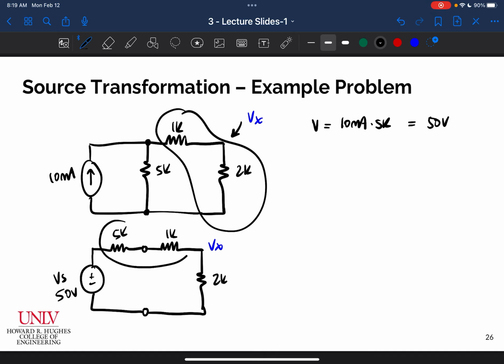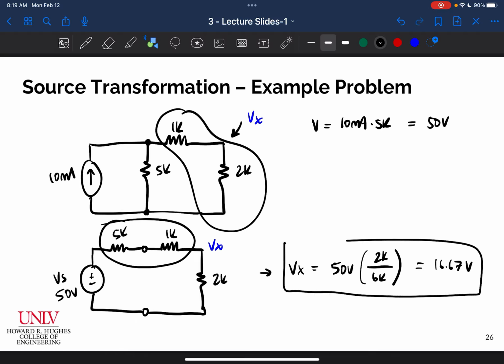Well, these two are just in series, so I can very easily treat this as a voltage divider where Vx is going to be 50 volts times 2K divided by 6K. That's basically just 50 divided by 3, and Vx is 16.67 volts.